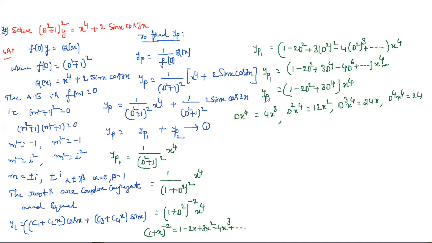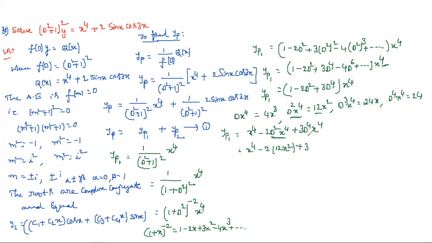Now by taking this, you can substitute in that. Then yp1 is equal to (1 - 2D^2 + 3D^4) x^4, multiplying x^4 inside the terms. So x^4 minus 2 into D^2 x^4, and D^2 x^4 is 12x^2.